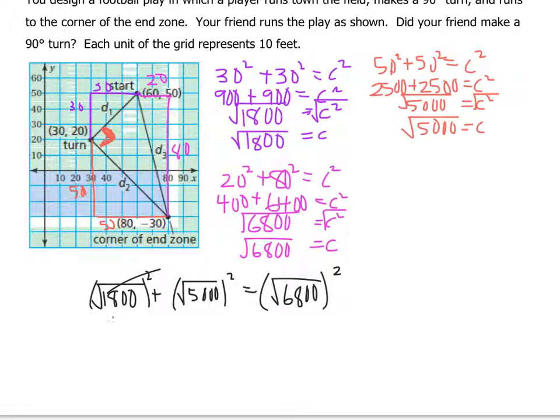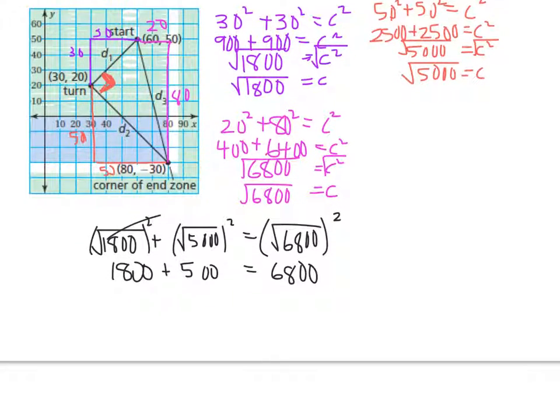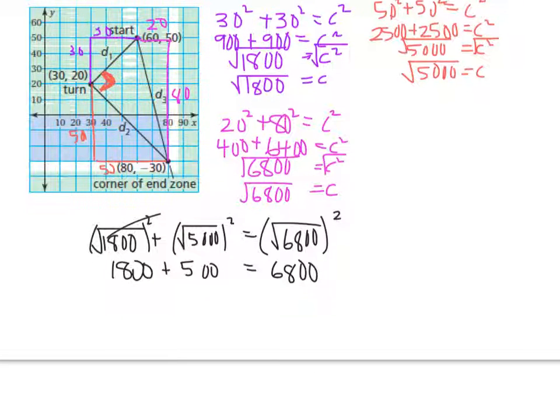So all we have is 1800 because the square and the square root are inverses. And this is just 5,000. And this is just 6,800. So you see, rather than deal with all those annoying decimals, it made it way easier to calculate. And now you can obviously see that they're equal to each other. So then the answer is yes.